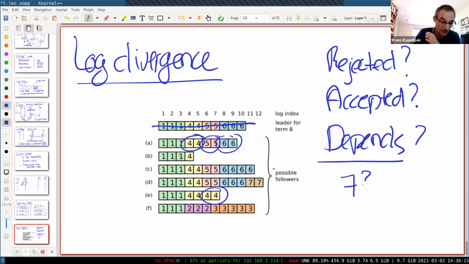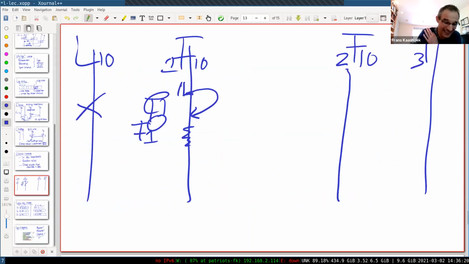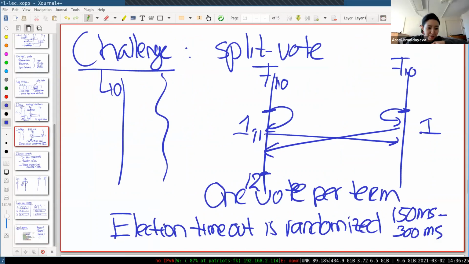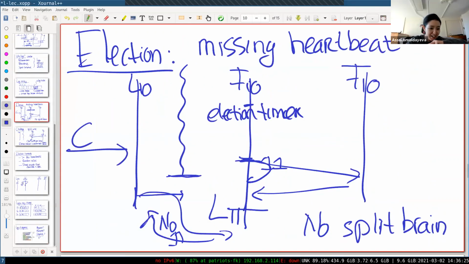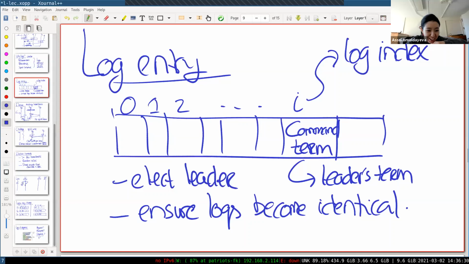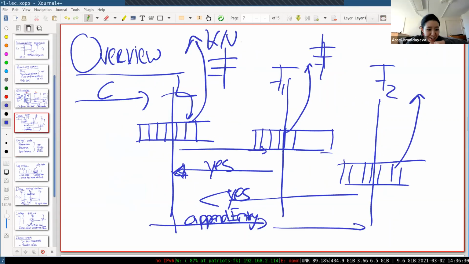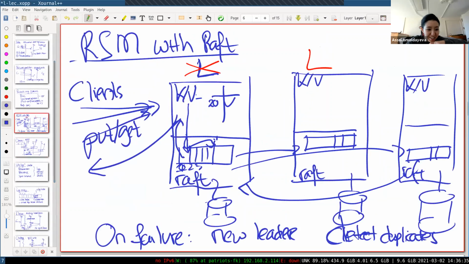I can't remember what I said. Oh, it says detect duplicates.